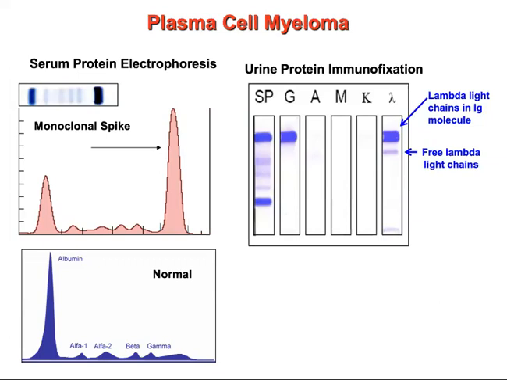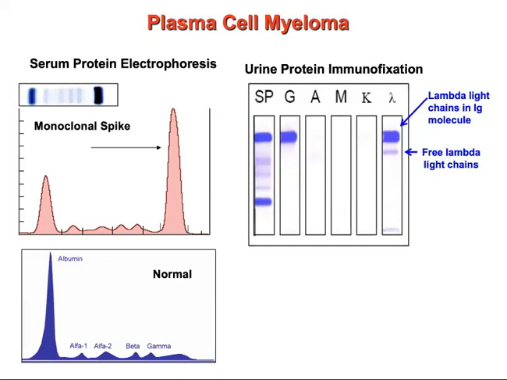In most cases, monoclonal immunoglobulin is produced by plasma cells and detected in the serum. We can also detect it in the urine, or in both of them. When you find this monoclonal immunoglobulin, that's called monoclonal gammopathy. That's what you're looking for in a plasma cell myeloma.